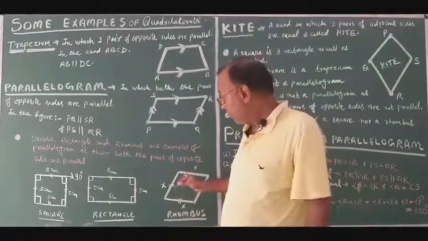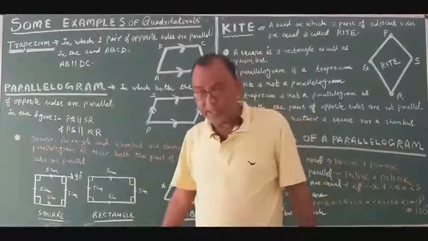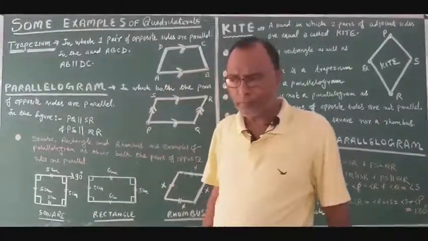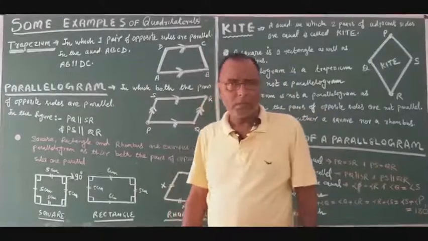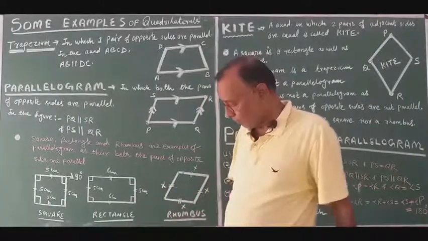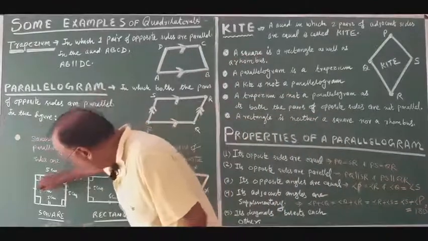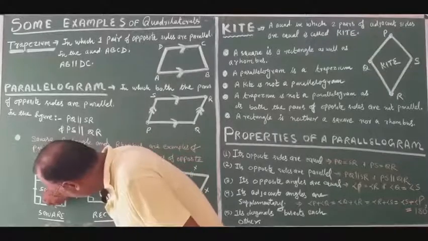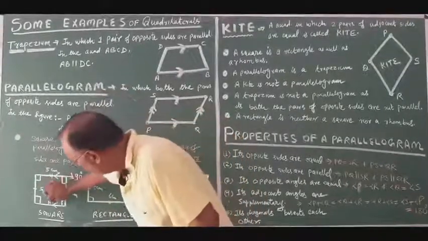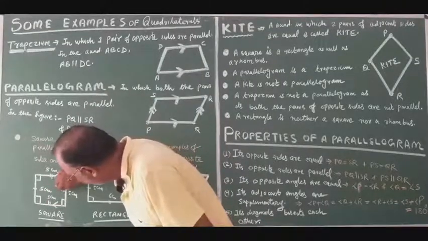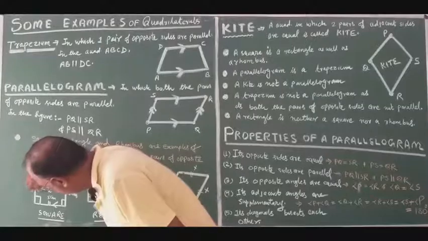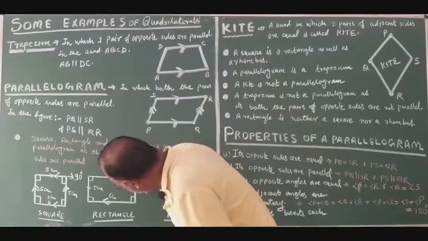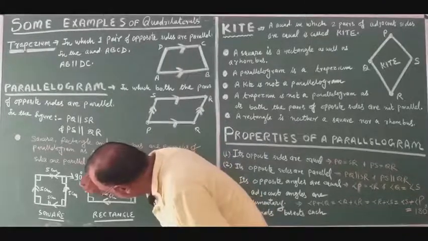Because there both the pairs of opposite sides are parallel. Just look again here. If this angle and this angle are 90, then these two sides will also be parallel. This pair of opposite sides is also parallel. Same in the rectangle, this pair is parallel to this and this pair is parallel.